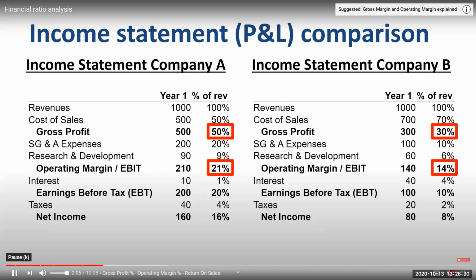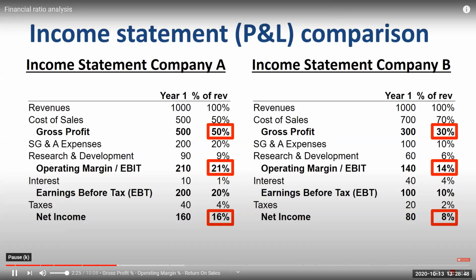So the 20 percentage points difference, 50% versus 30%, on the gross profit level has shrunk to 7 percentage points, 21% versus 14%, on the operating margin level. Net income as a percentage of sales, often called return on sales, is 16% for Company A and 8% for Company B.